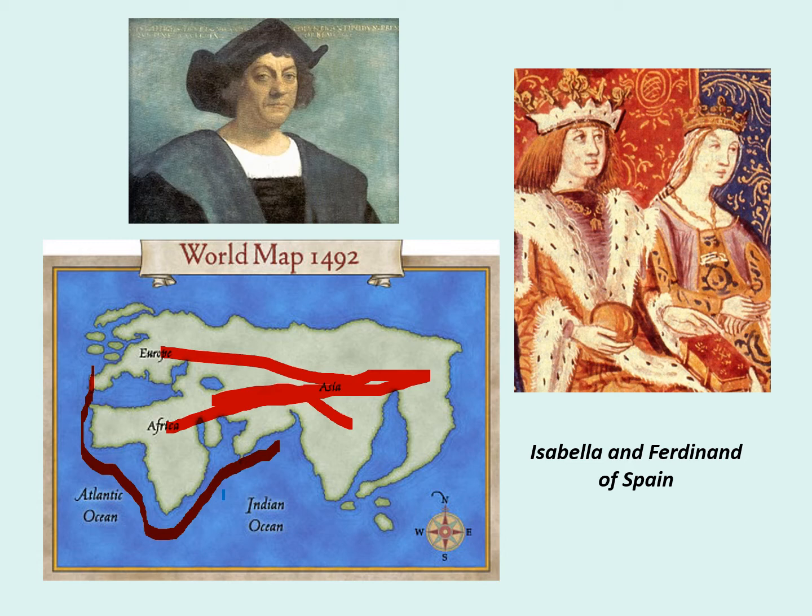But again, he does have a plan. Instead of sailing east, like the Portuguese were trying to do, to get to China and Japan, Christopher Columbus believes that he can find a better route by sailing west.